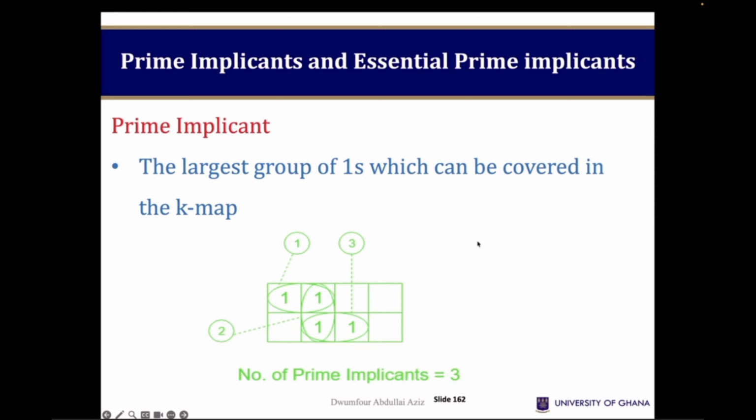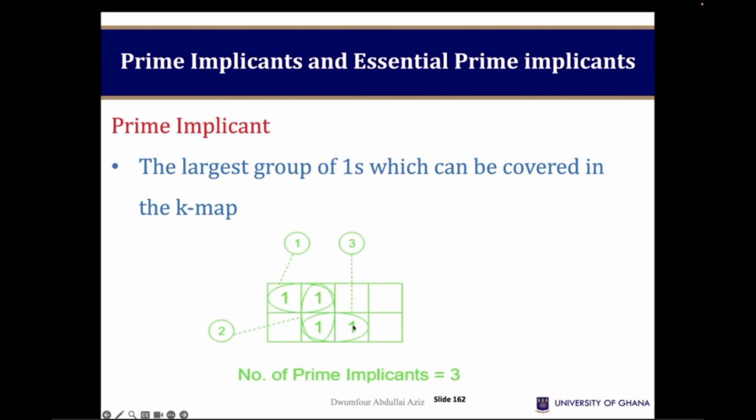All right, so now we are dealing with forming the prime implicants. We aim to have the largest possible groups that we can form. Since the largest possible group is 2, we form groups of 2 here. So we have the top one, and we also have the middle one here. These are all possible groups of ones.